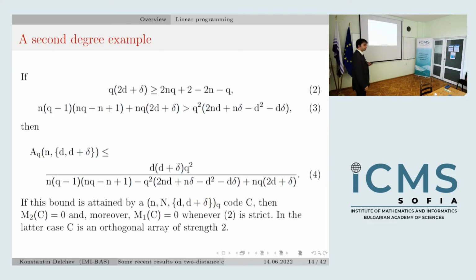And here's a second degree example for the general bound. When we have d and d plus delta, these two requirements come from the requirements of the coefficients of the Kirchhoff expansion of the polynomial, because we have f0 plus f1 q1 plus f2 q2, and we need to guarantee the proper sign of these two.